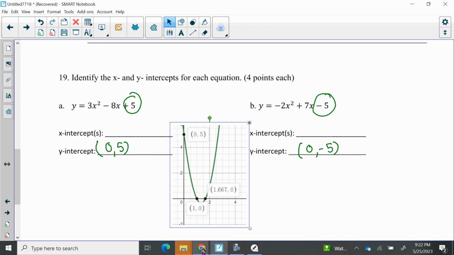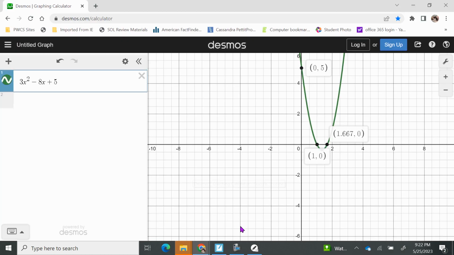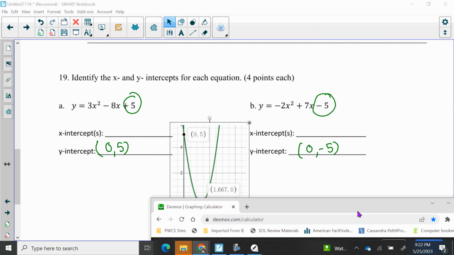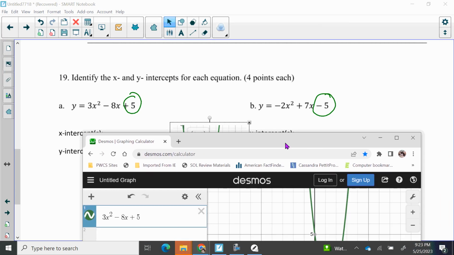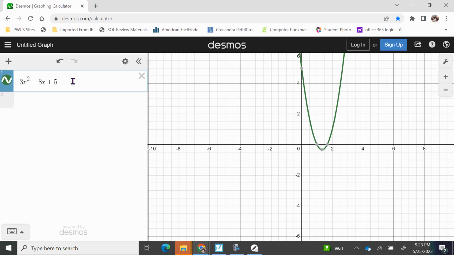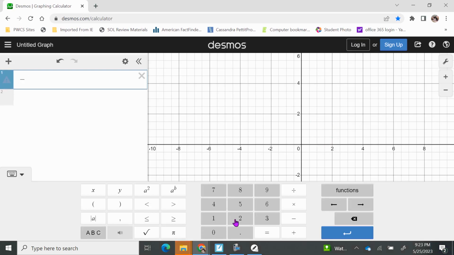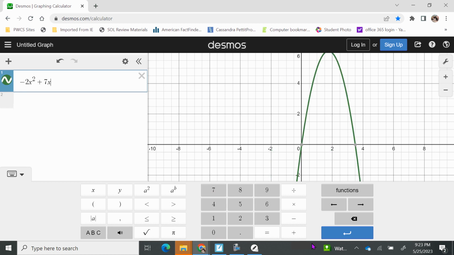All right, so let's do one more. This one is negative 2x squared plus 7x minus 5. Okay, so go ahead.